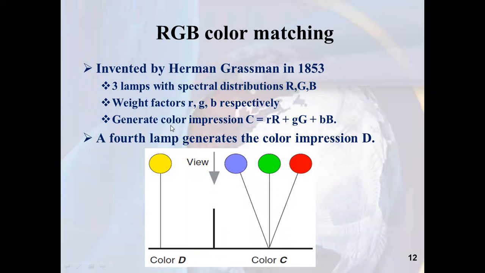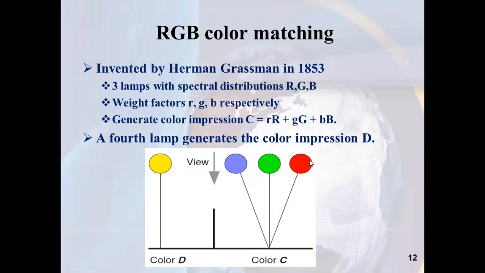And we have the factors RGB. It means the color impression or the intensity of the light, how intense the light is, the intensity of the color. So we can change the intensity of the blue color, green color, and red color.